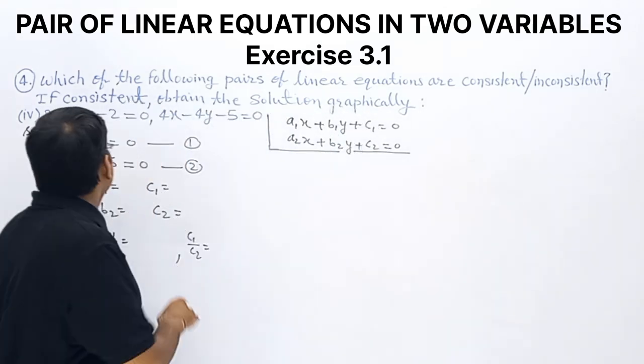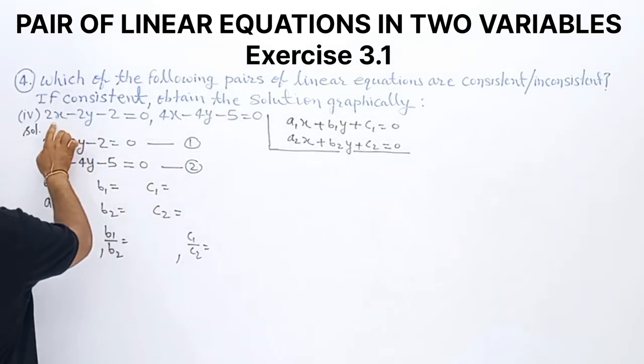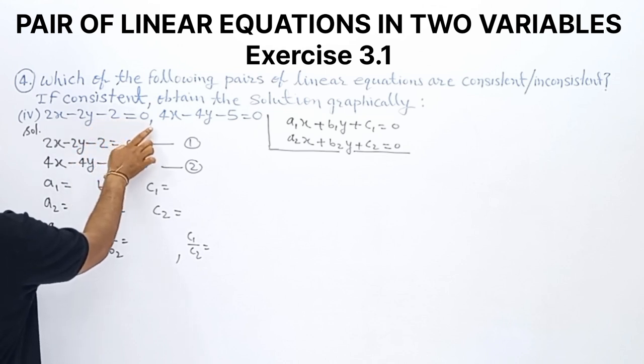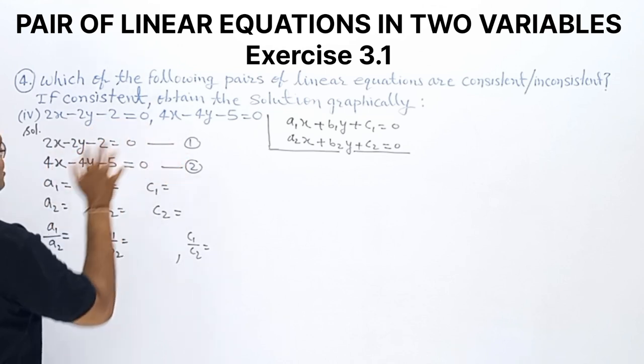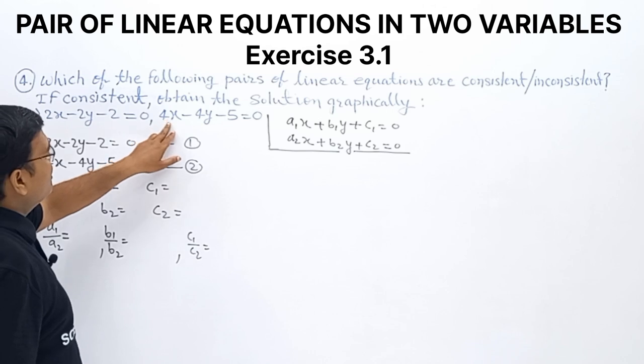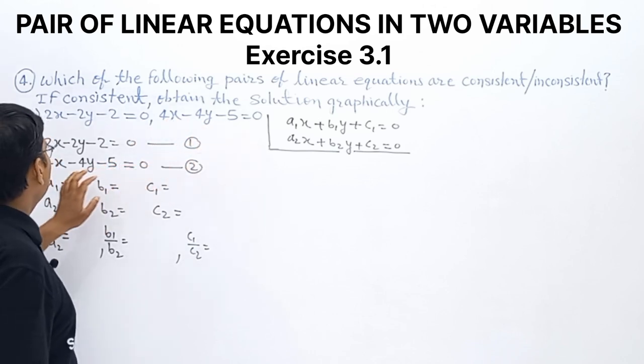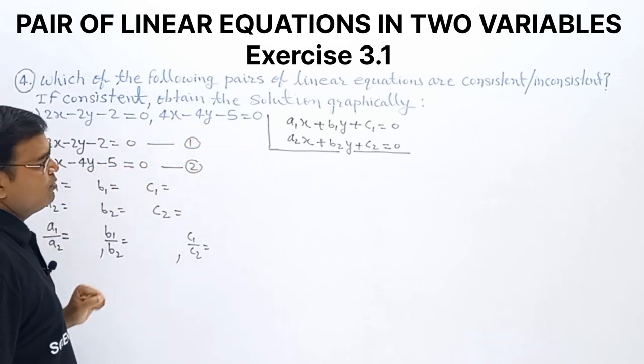So I am writing 2x minus 2y minus 2 equal to 0 as equation number 1, and 4x minus 4y minus 5 equal to 0 as equation number 2.